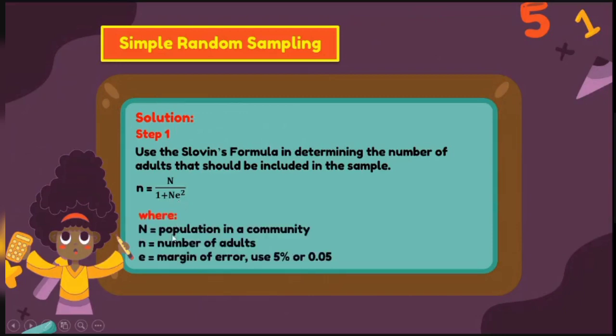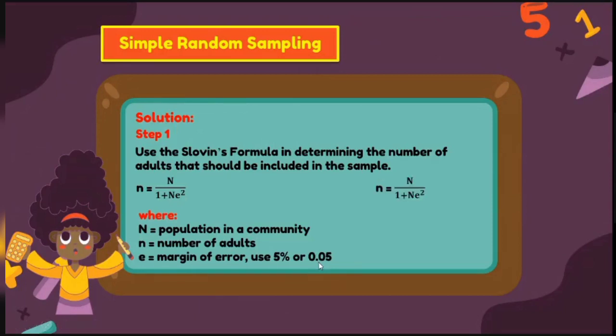Here, uppercase N is the population, which for this problem is the adults in the community. Lowercase n is the sample size. Then e is equal to the margin of error. For this part, we may use 5%, or we convert this given percent into a decimal, so 5% is equal to 0.05.